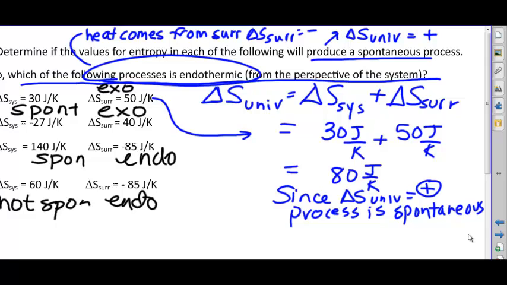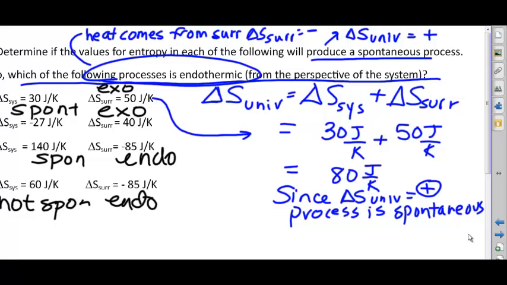What you're looking for, if it's spontaneous, delta S of the universe has to be positive. To determine if it's endo or exo, you look at delta S of the surroundings. If the surroundings are positive, the system is releasing heat, exothermic, and delta H would be negative. Okay? Delta S of the surroundings would be positive, delta H of the system would be negative.